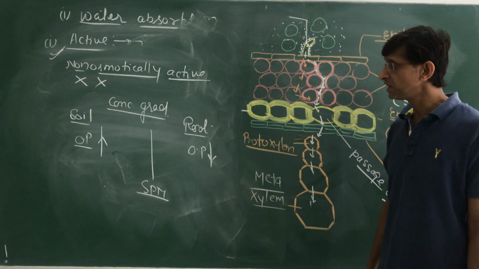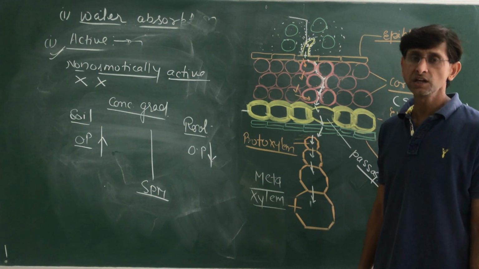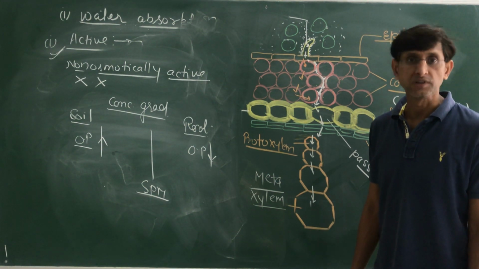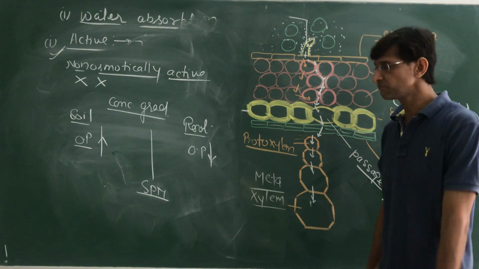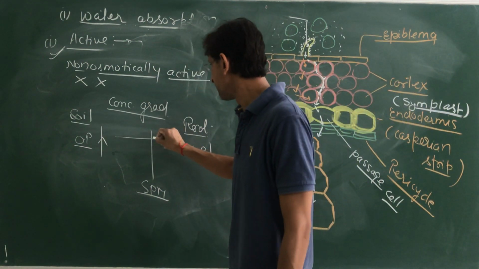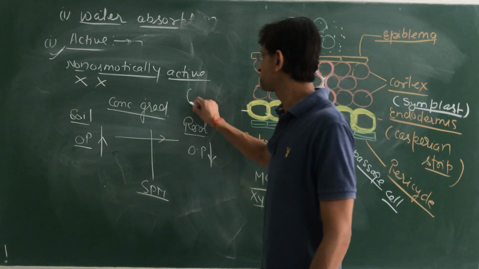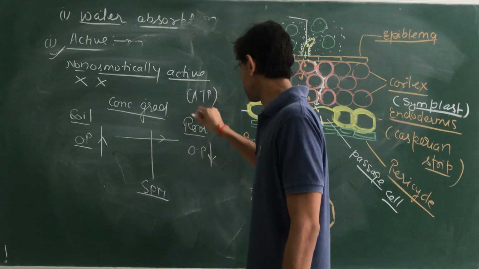This time they need to spend the metabolic energy. They need to spend the ATPs. So on the expenditure of metabolic energy, this water is obtained from soil to root. It is against concentration gradient. That's why expenditure of metabolic energy will take place.